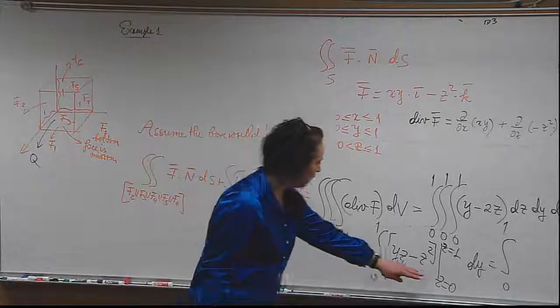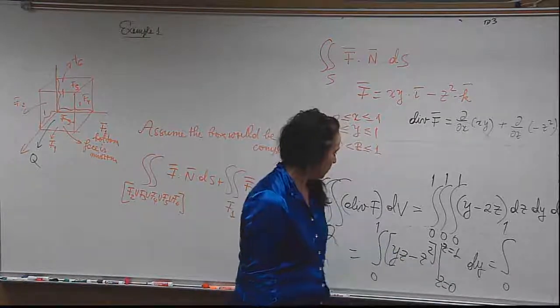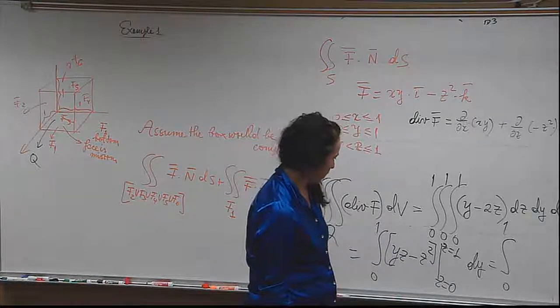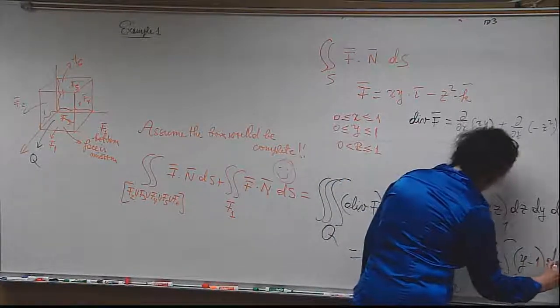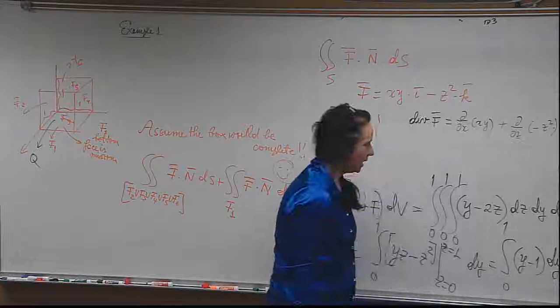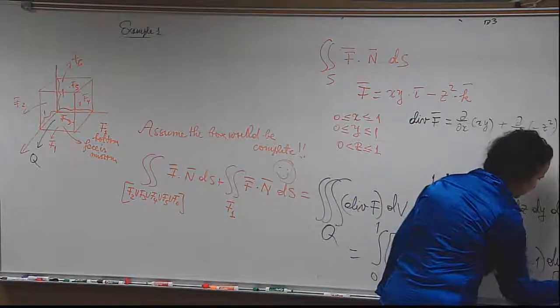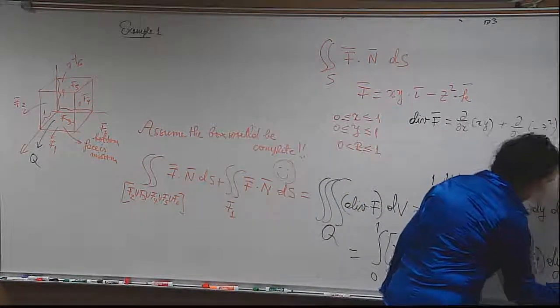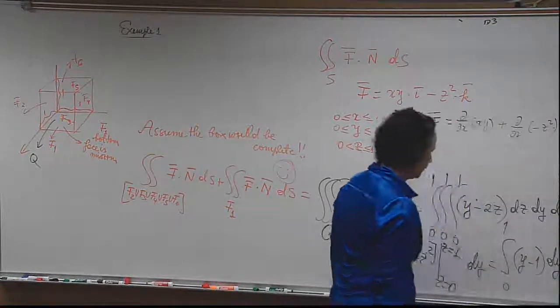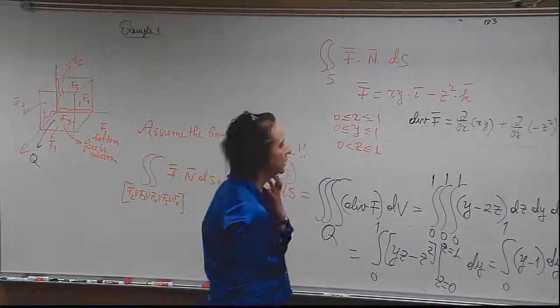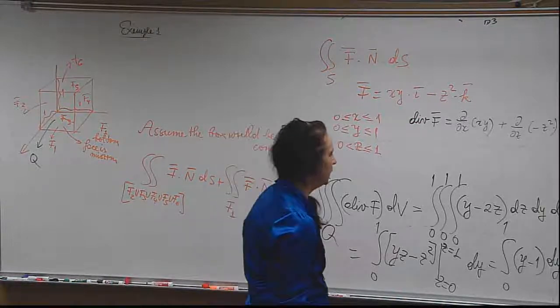When z is 0, I have nothing. Yeah, 1 minus, y minus 1. Y minus 1, not so bad, dy. So I get y squared over 2 minus y, between 0 and 1. What do I get? Negative 1/2.